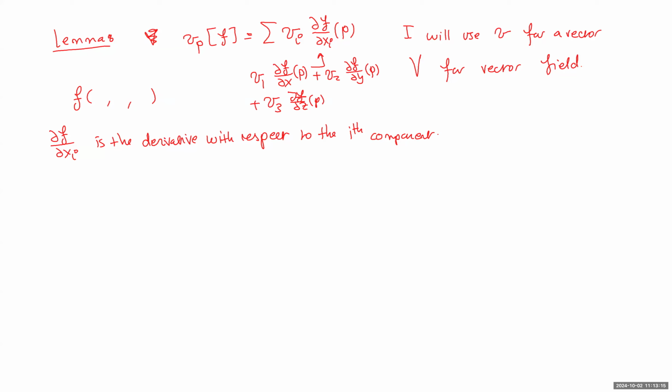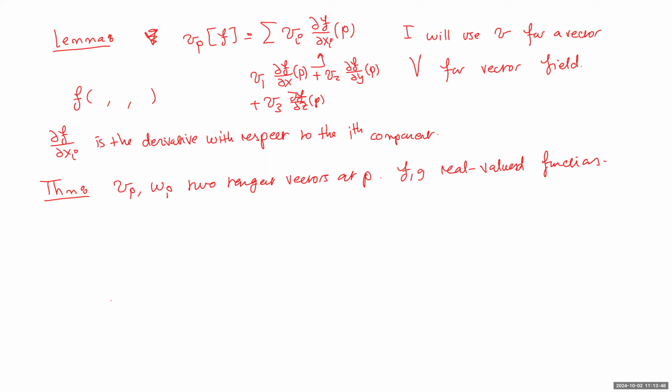Okay, and we have interesting properties here. VP, WP two tangent vectors at P, f, g real valued functions, then we have the following.